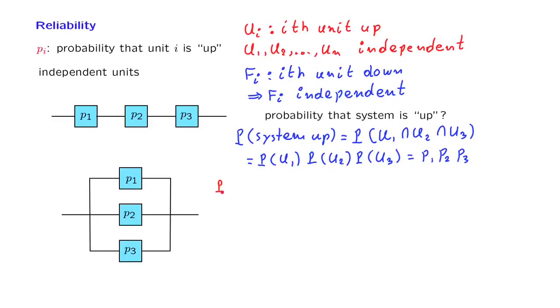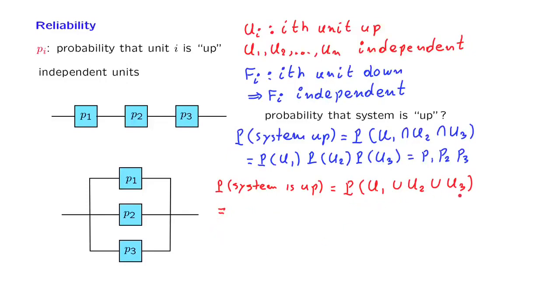We would like, again, to calculate the probability that the system is up. And the system will be up as long as either unit 1 is up, or unit 2 is up, or unit 3 is up. How do we continue from here?